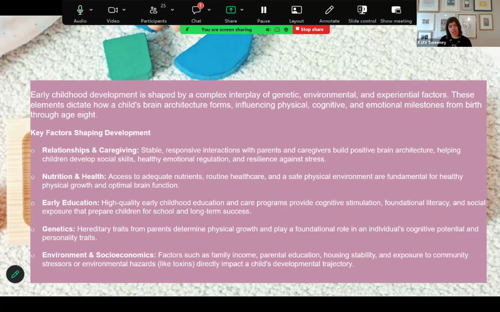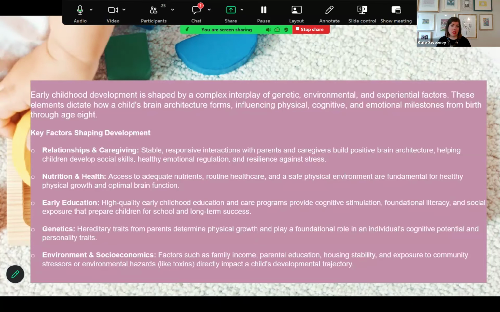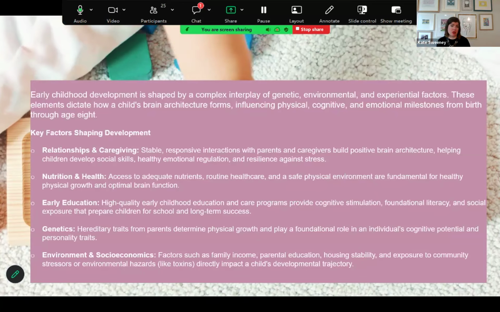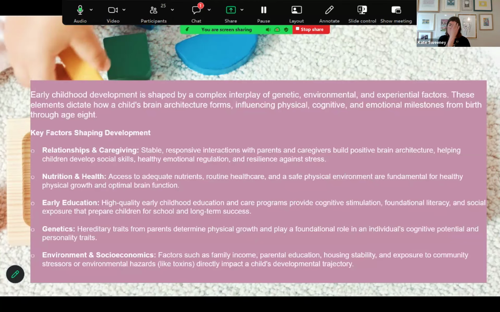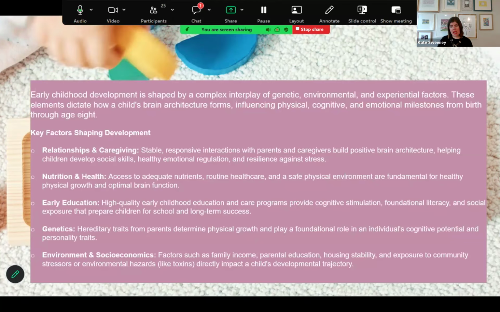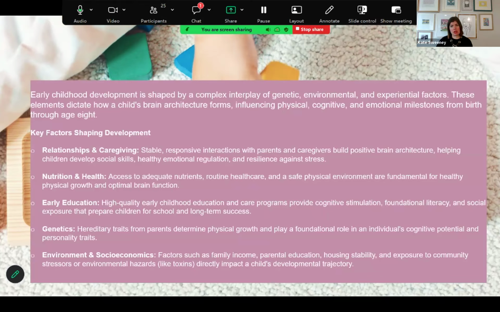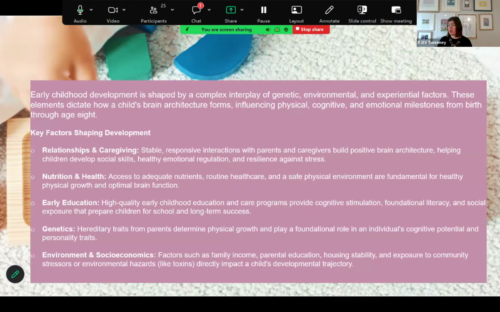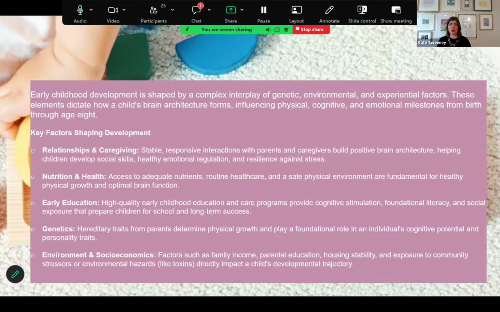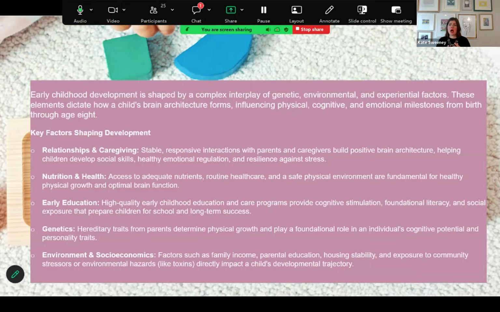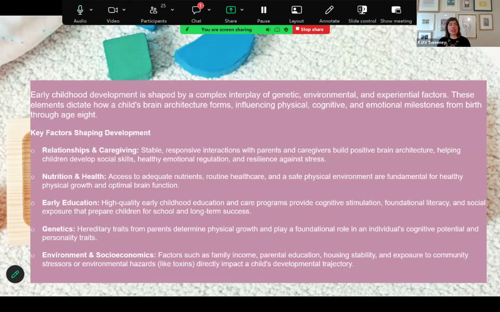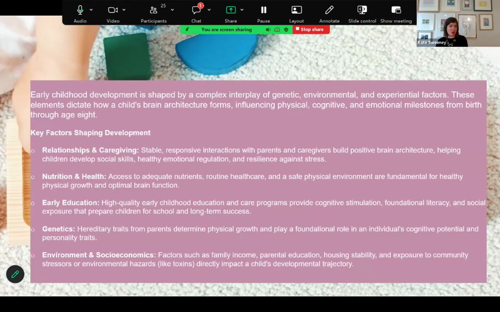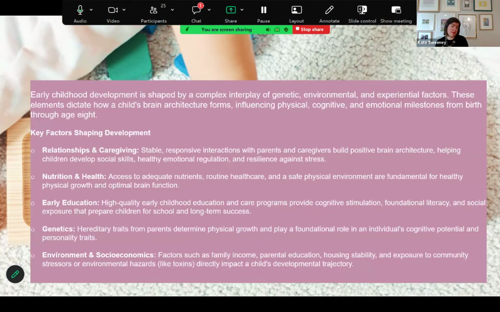Their access to early educational spaces and interactions. High quality early childhood education and care programs are often key factors. And you'll see kids, when they enter high quality group-based care, you'll see jumps in their development because they're in environments where there are more peers, they're being exposed to more language, and they're also maybe outside of a home routine where they didn't have the same opportunity to explore the environment because things were taken care of for them by a very well-intended caregiver.